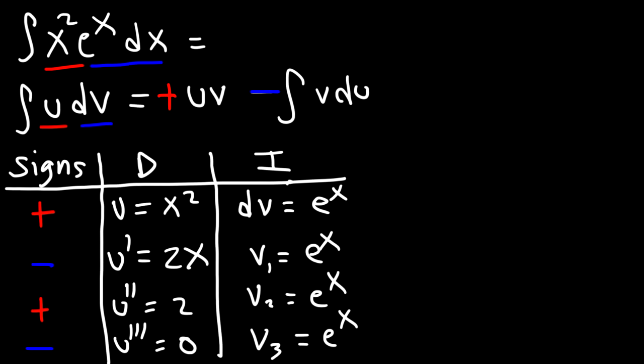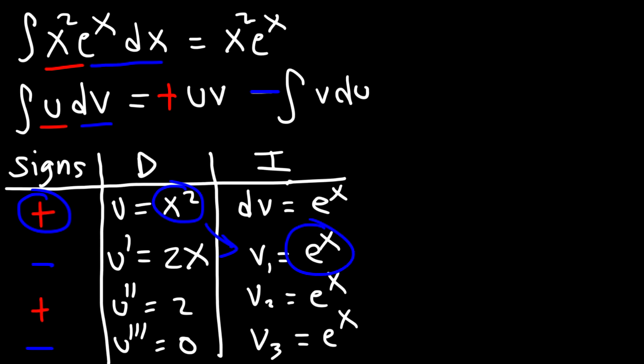So now, to get the answer for the first term, you're going to start with the first sign and the first entry in the derivative column multiplied by the second entry in the integral column. So it's going to be plus x squared times e to the x. That's the first term of the answer.